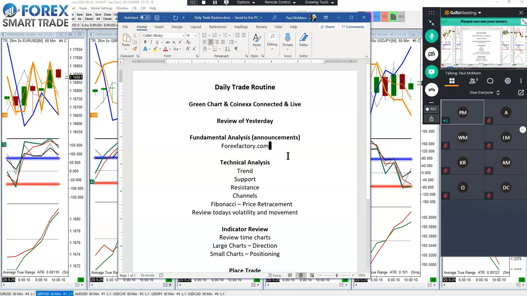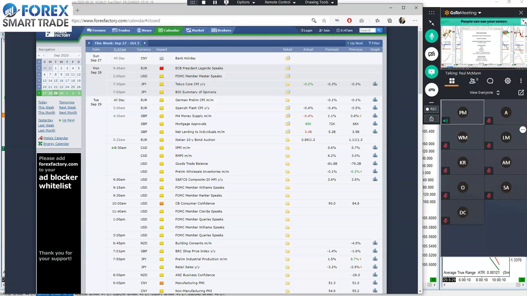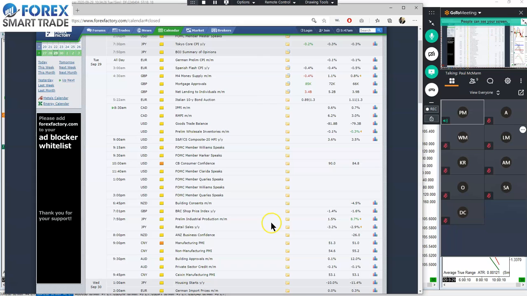We are technical traders. The indicators pick up changes in price action or price movement. We do not trade on news, which is what a fundamental trader does. Because of that, we like to take a look at the news feed and see if there's anything that might impact what's going on.